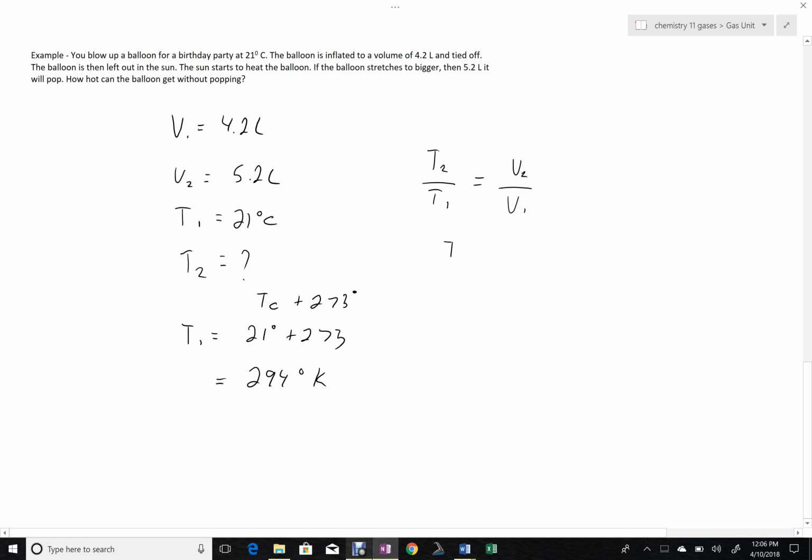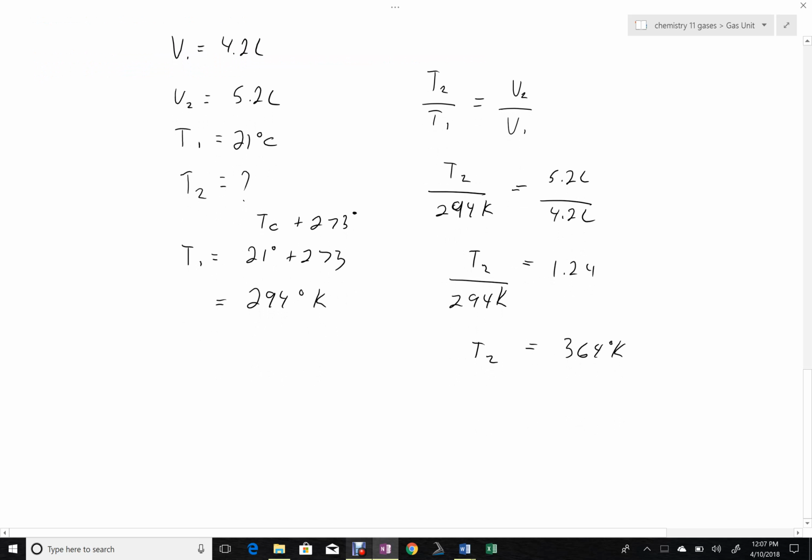Now I can substitute T2 over 294 degrees Kelvin equals 5.2 liters over 4.2 liters, and I can solve. So my final temperature is 364 degrees Kelvin, which sounds really extreme, but remember, we're not used to the Kelvin scale.